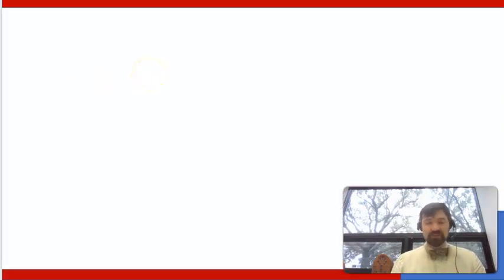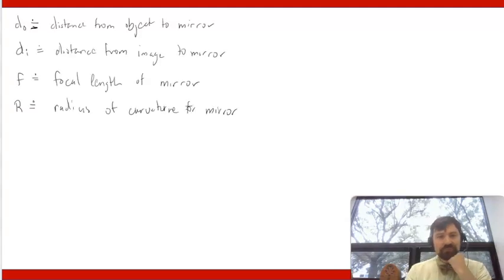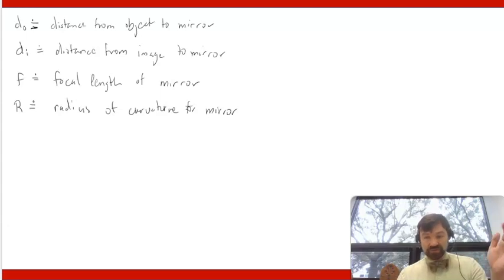As with that video, we need to define for ourselves a few base parameters. And many of them have the same definition, at least functionally, as they had for the thin lens. We have the object distance, the image distance, the focal length. I introduce here a radius of curvature, which again is similar to the radius of curvature with the lenses, except that you have only one of them now rather than two, because there's only one surface of interaction.